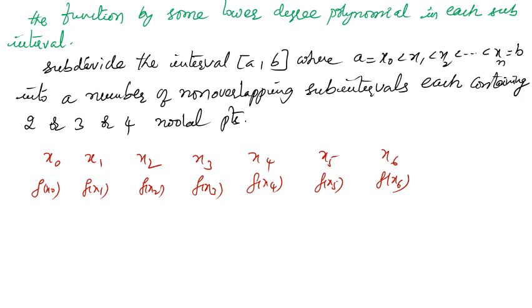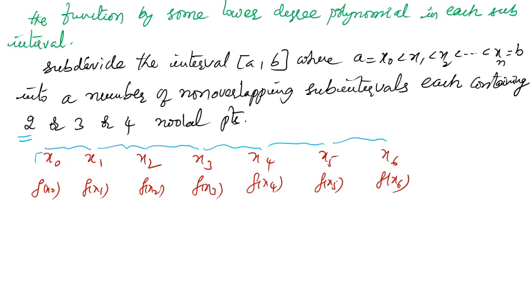This is the data. By taking 2 nodal points, this is the first subinterval, second subinterval, third, fourth, fifth, sixth subinterval.